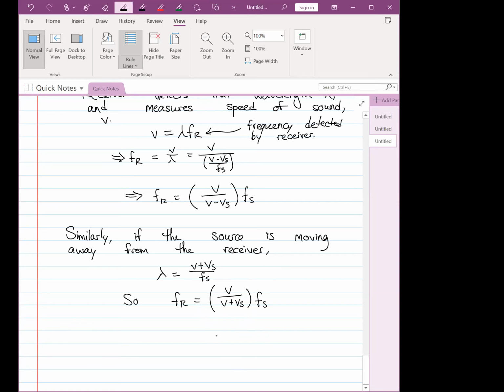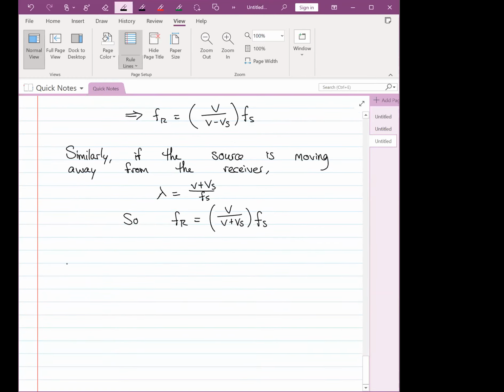And so we can actually just combine these into a single equation to capture both phenomena. The way we write this is f sub r is equal to v divided by (v minus/plus v sub s) times f sub s, the frequency of the source.